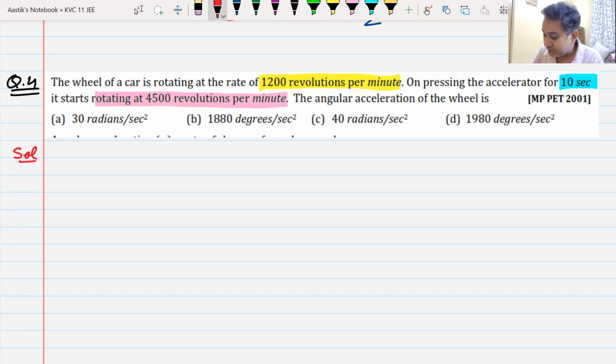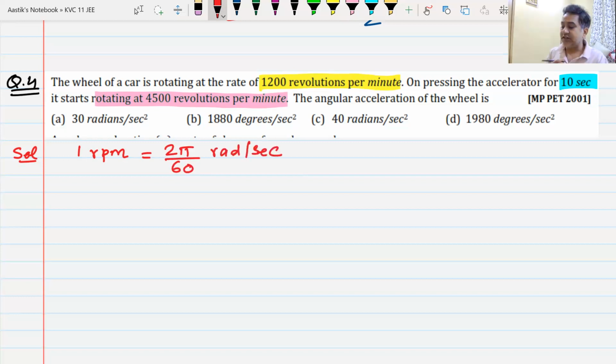So you remember 1 RPM, RPM means revolution per minute. In one revolution, it rotates 2 pi, and 1 minute consists of 60 seconds. So 1 RPM is 2 pi by 60 radians per second. Do we understand this? Remember this. Now, this is the value of omega 1.